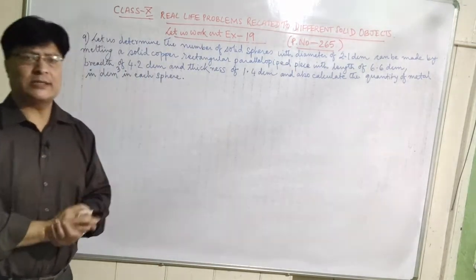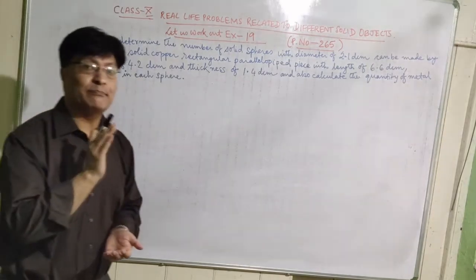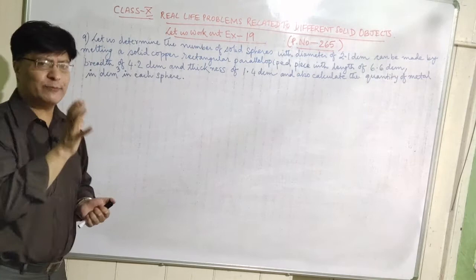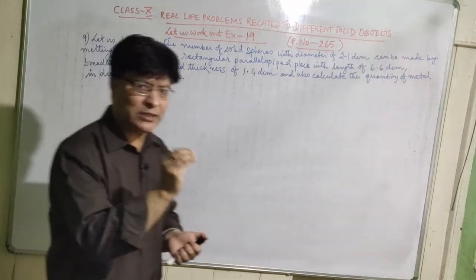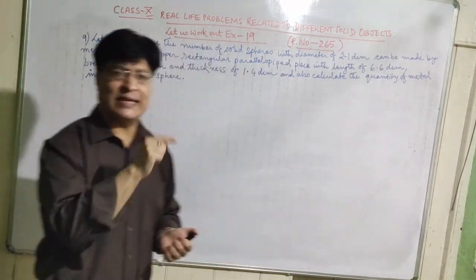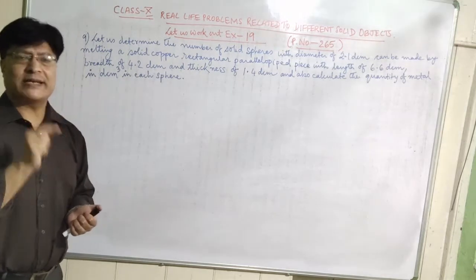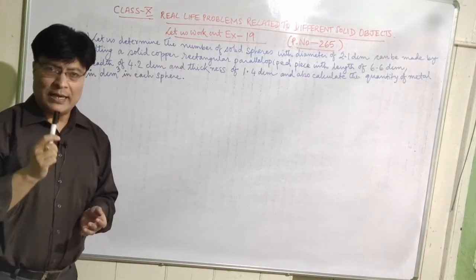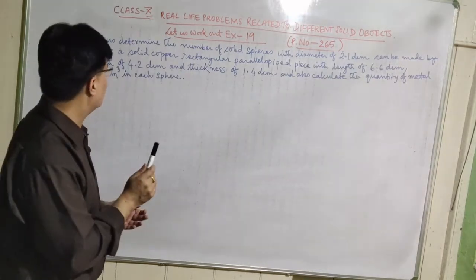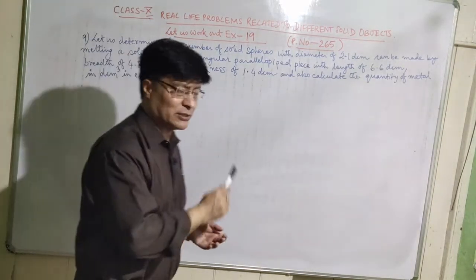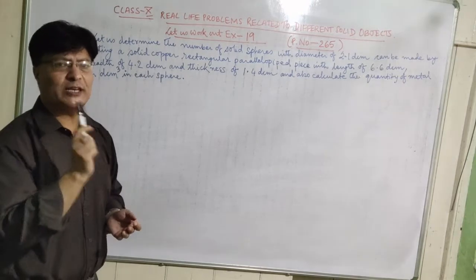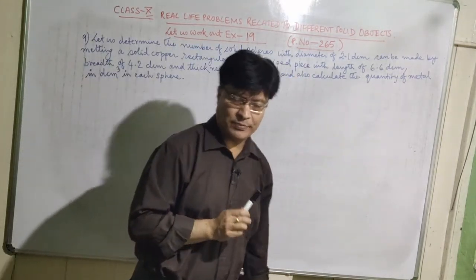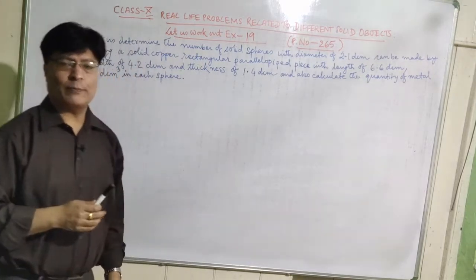And now this rectangular parallelepiped is melted and a number of solid spheres is formed by melting this solid copper rectangular parallelepiped. And what is the diameter of each of this sphere? It is 2.1 decimeter.